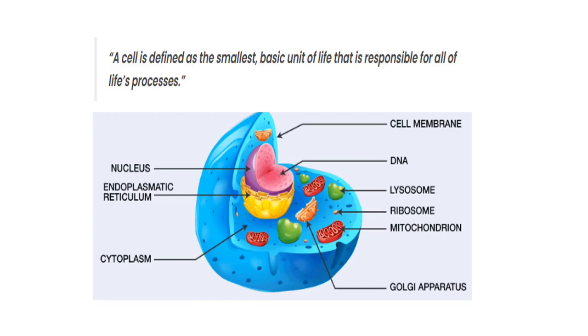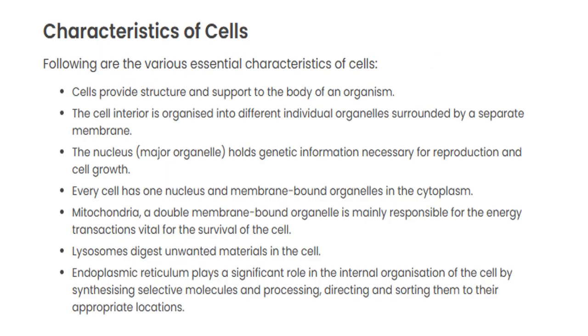In this picture, you can see the structure of a cell in a clear manner. The characteristics of cells include: cells provide structure and support to the body of an organism. The cell interior is organized into different individual organelles surrounded by a separate membrane. The nucleus holds the genetic information necessary for reproduction and cell growth.